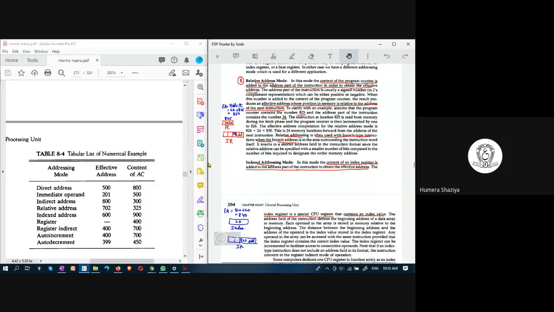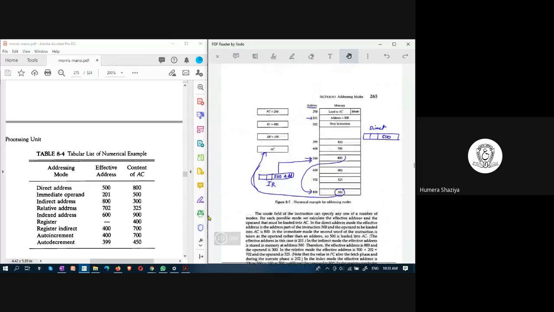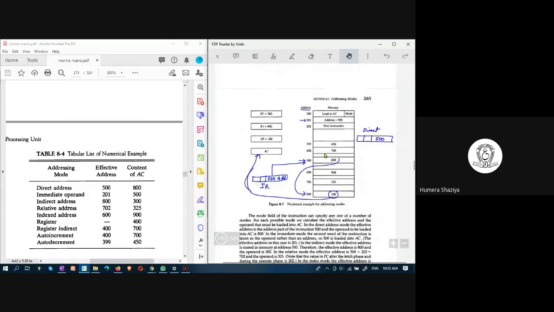It is incremented. I'm sorry about this. Let me correct it. This will be 25 plus 825, which is equal to 860. Okay, so here, what happened?